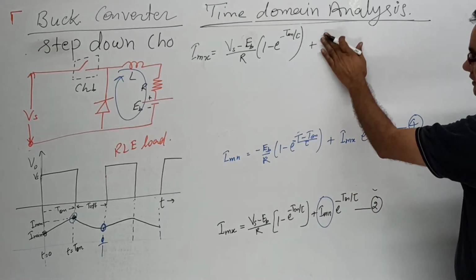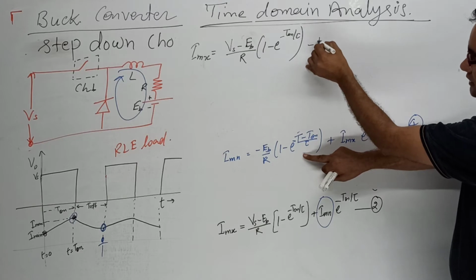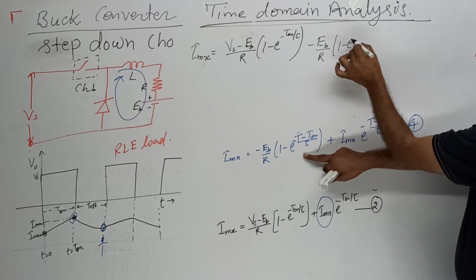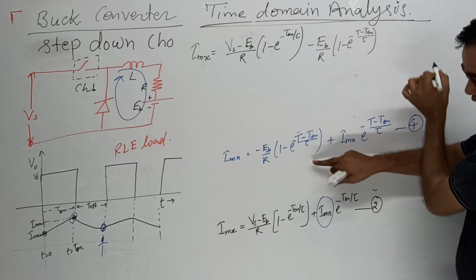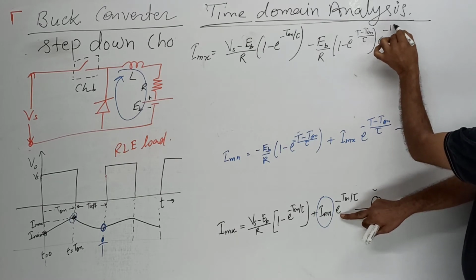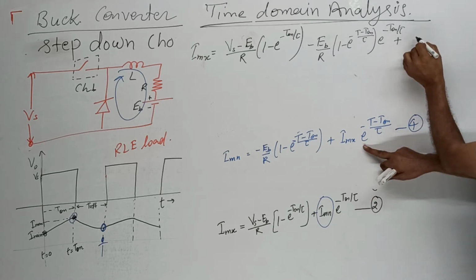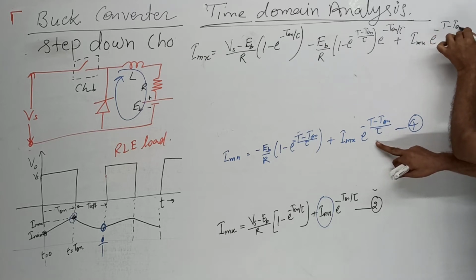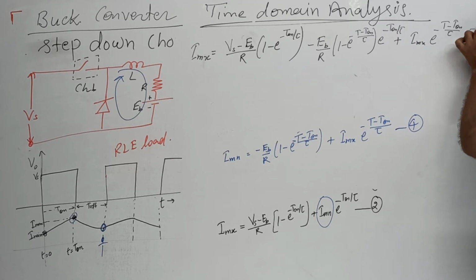The value of Imn is this one, so we'll put the value: minus EB divided by R, times (1 minus e raised to power minus (T minus T on) upon tau), into e raised to power minus T on upon tau, plus Imx e raised to power minus (T minus T on) upon tau.